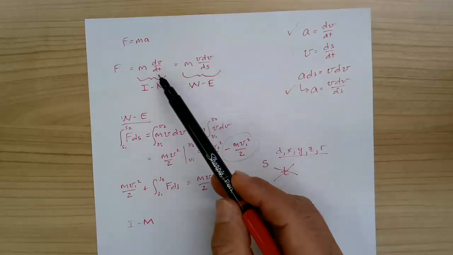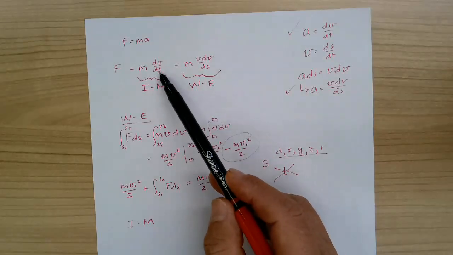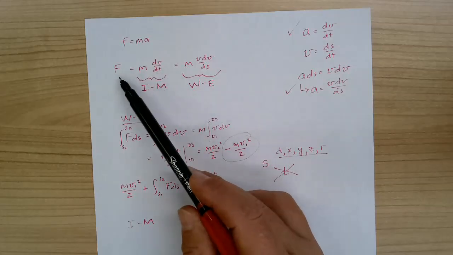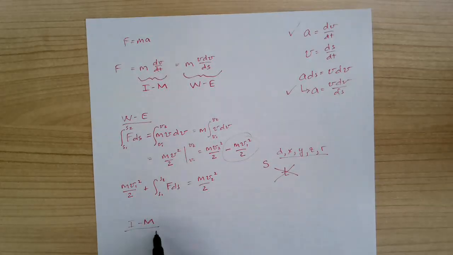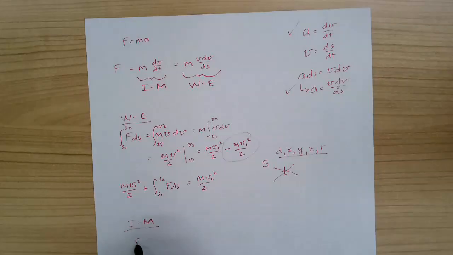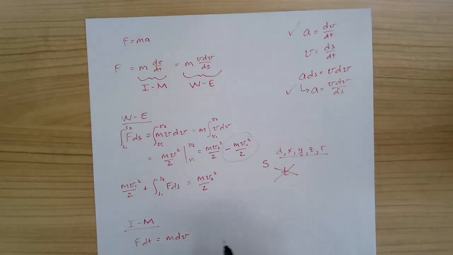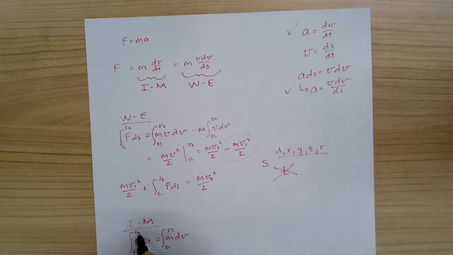It's a little bit more straightforward. dt is in the denominator, so I'm going to bring that over to the other side, and I'm going to have F dt equals m dv. I'm going to do the same thing. I'm going to integrate both sides. I'm going to go from V1 to V2 and T1 to T2.